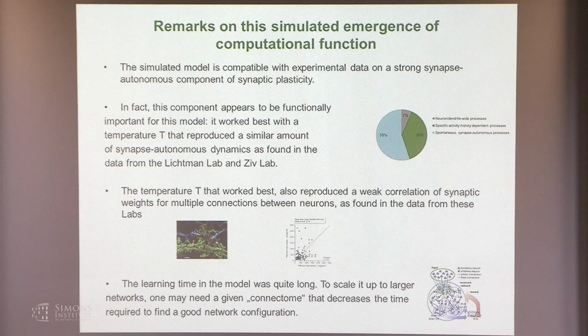If you look at which temperatures this network performs best, including learning fast and also relearning after this drastic switch in the network, we found that this works best for intermediate temperatures, which also produce a similar amount of synapse-autonomous dynamics, meaning where this T is sufficiently large to also produce a lot of autonomous plasticity.